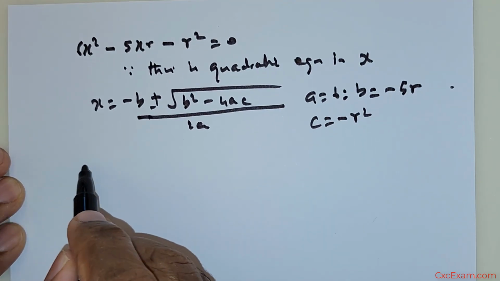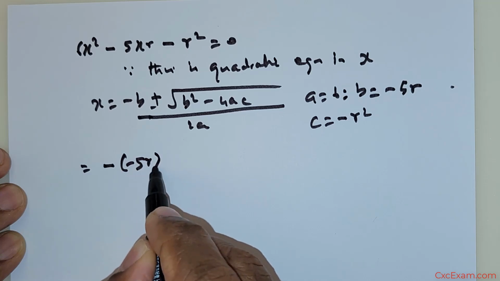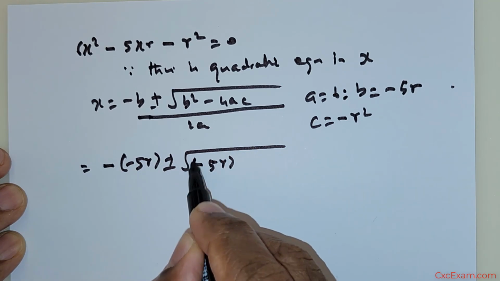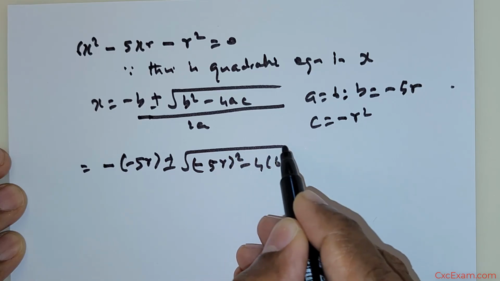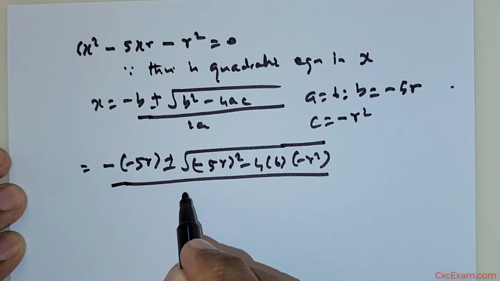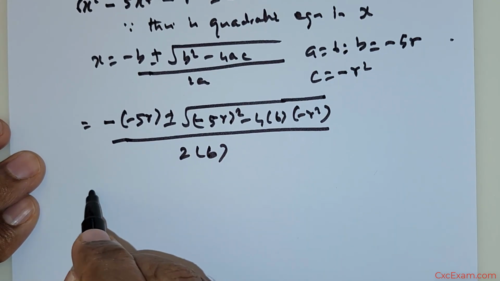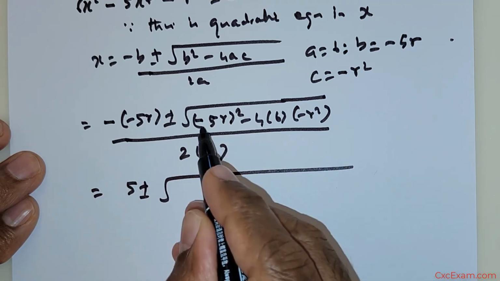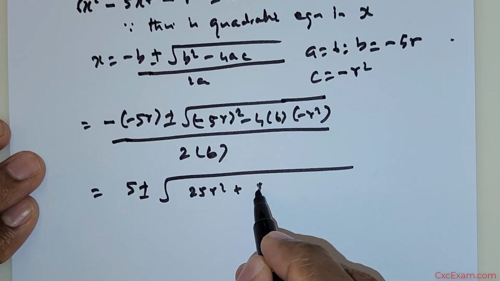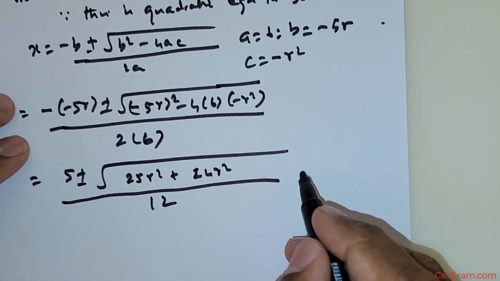So you substitute it here: negative of negative 5r plus or minus root of negative 5r squared minus 4 times 6 times negative r squared, divided by 2 times a, which is 12.